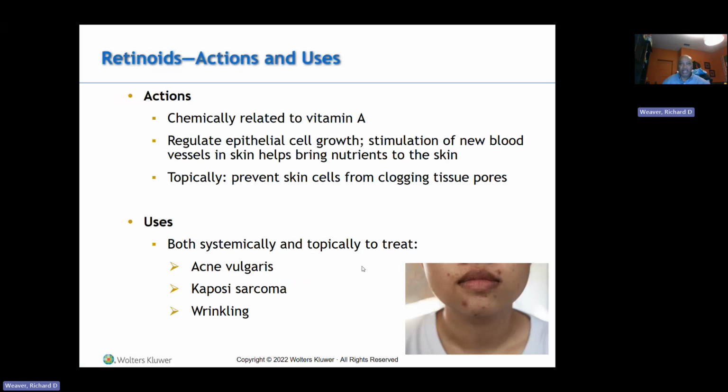They have bluish-black lesions all over the skin. It's awful. If y'all get a chance, take a look at it. Also, we use this drug for wrinkling, for people who are trying to maintain the fountain of youth. Because these drugs nourish the skin, maybe they look a little younger.